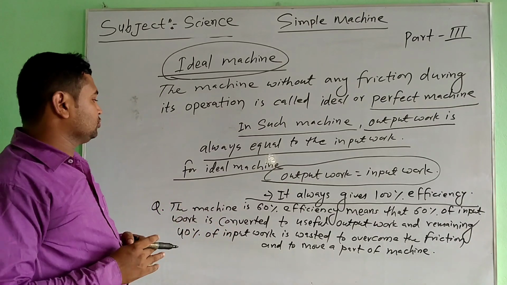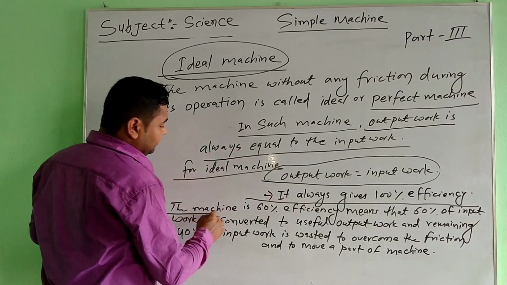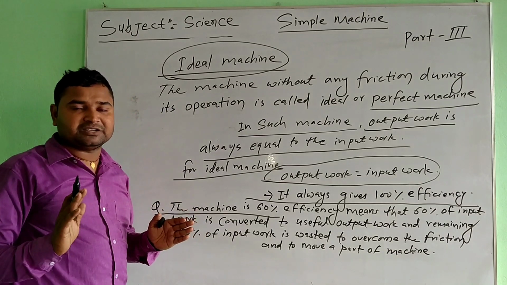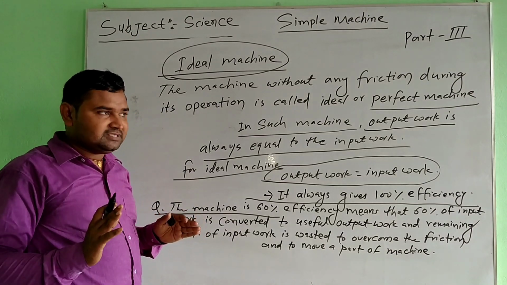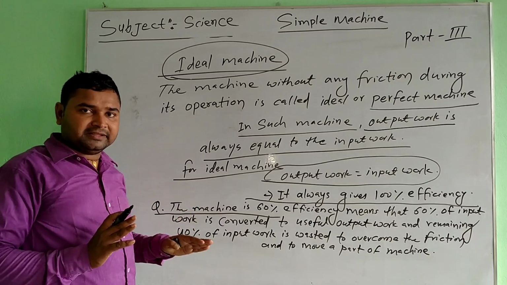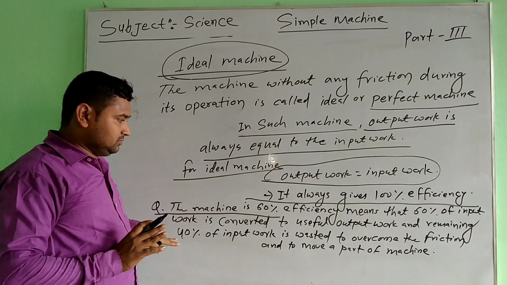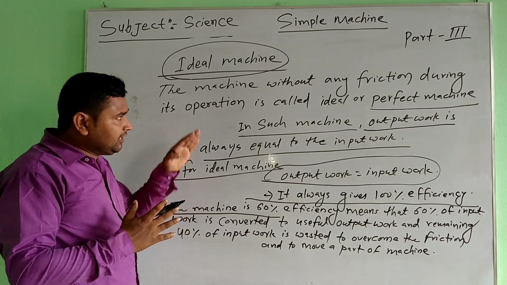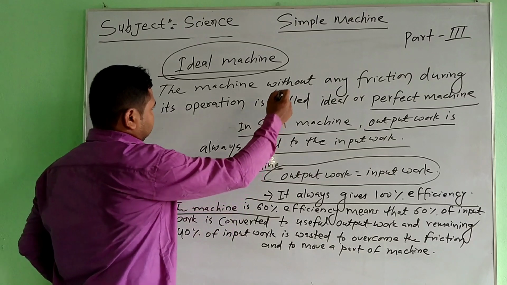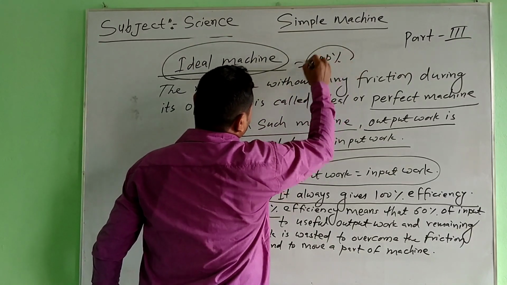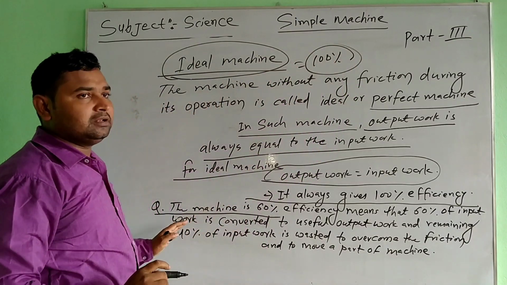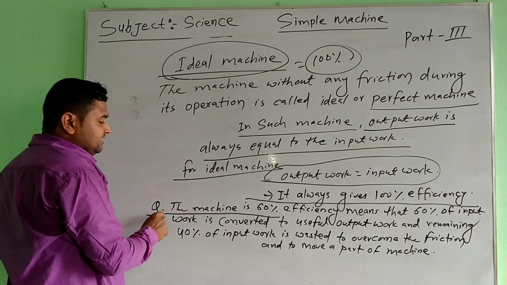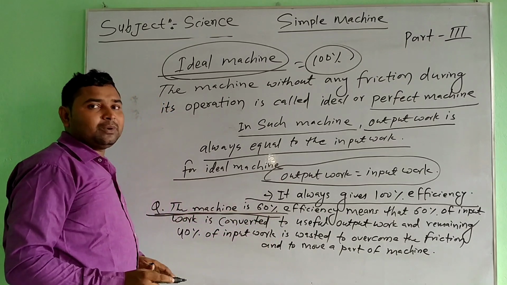Suppose the efficiency of a machine is 60%. I told you that this only happens in a practical machine, where the result is less than 100%. In an ideal machine only 100% efficiency will be there. Suppose a machine is 60% efficient, what does it mean?